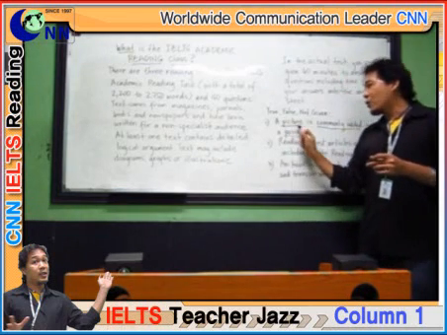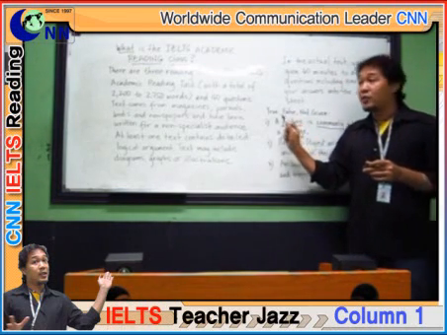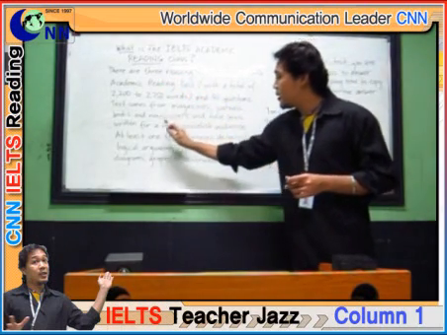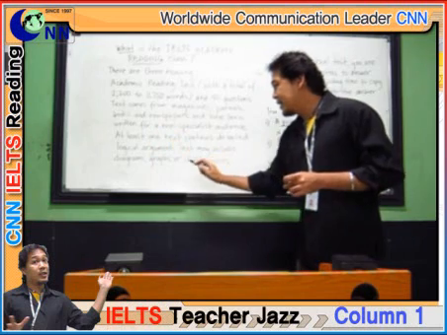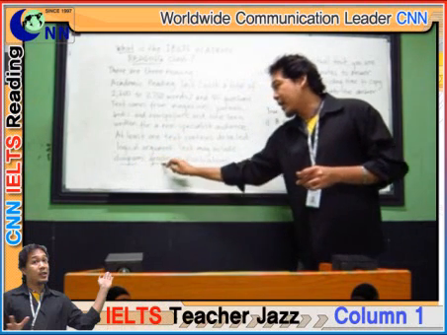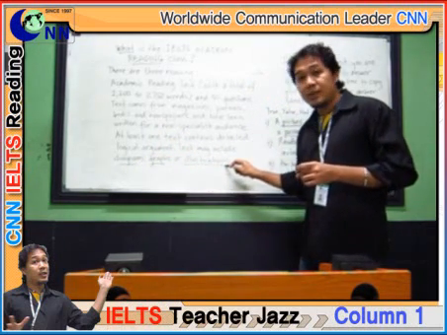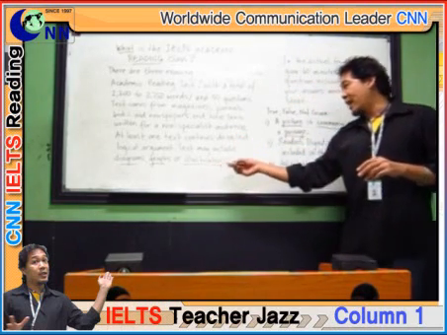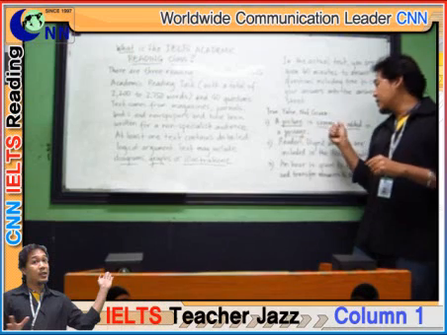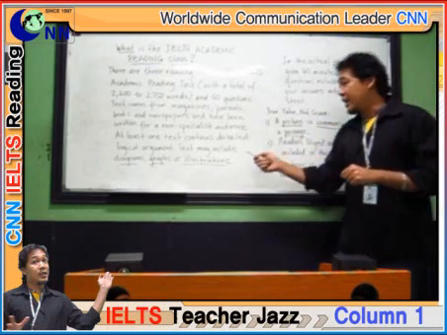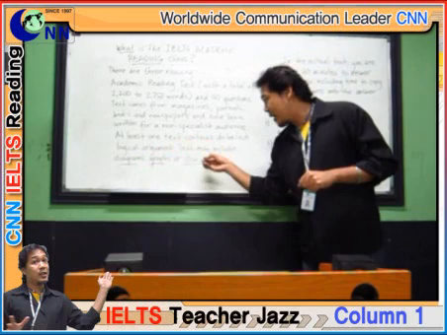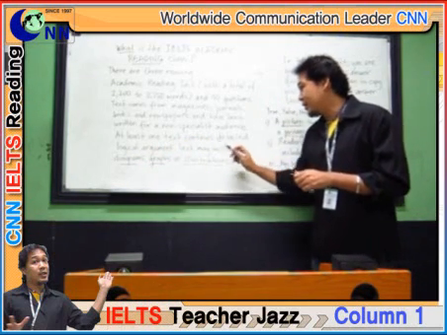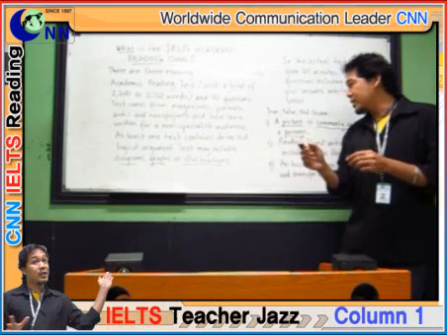So I have to look for a word that has a similar meaning to the word picture. I scan, and I see here diagrams, graphs, or illustrations. Now that I have found these words, I have to go back to my question, commonly added, and then I look by reading around. Text may include diagrams, graphs, or illustrations.